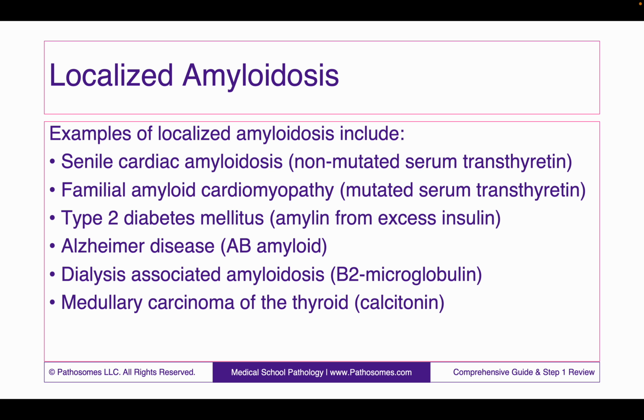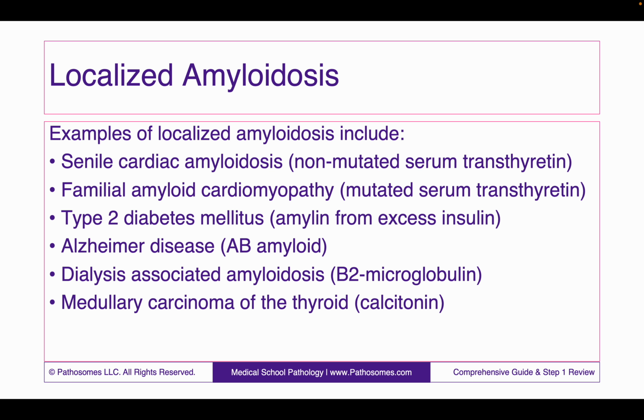Examples of localized amyloidosis include senile cardiac amyloidosis in the heart due to non-mutated serum transthyretin, familial amyloid cardiomyopathy due to mutated serum transthyretin, in contrast to the non-mutated serum transthyretin in senile cardiac amyloidosis.